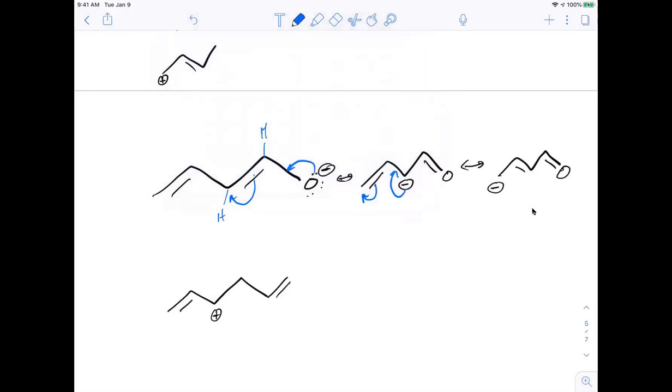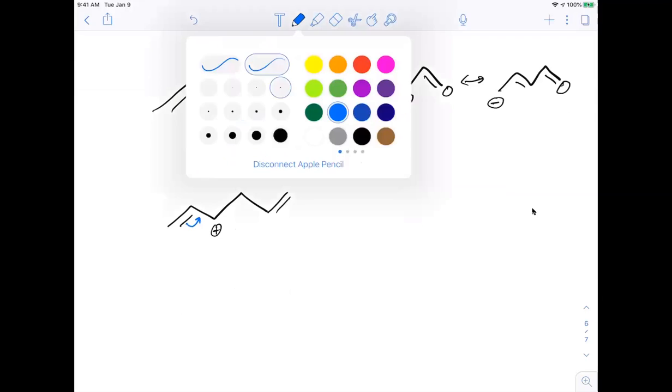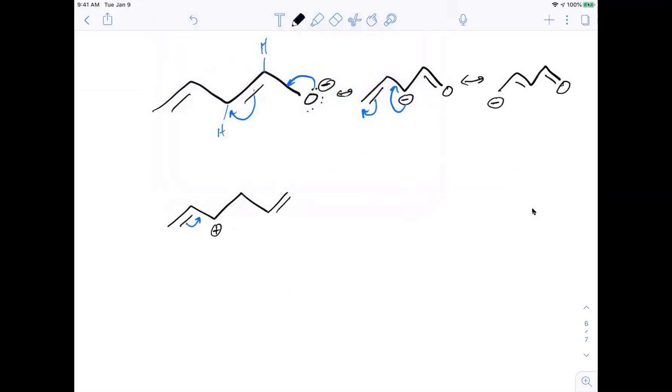In the bottom one, we can move these electrons there. Give me a positive charge there. Can we move the positive over to here? Sorry, you can't see that. Can we move the positive to this double bond?